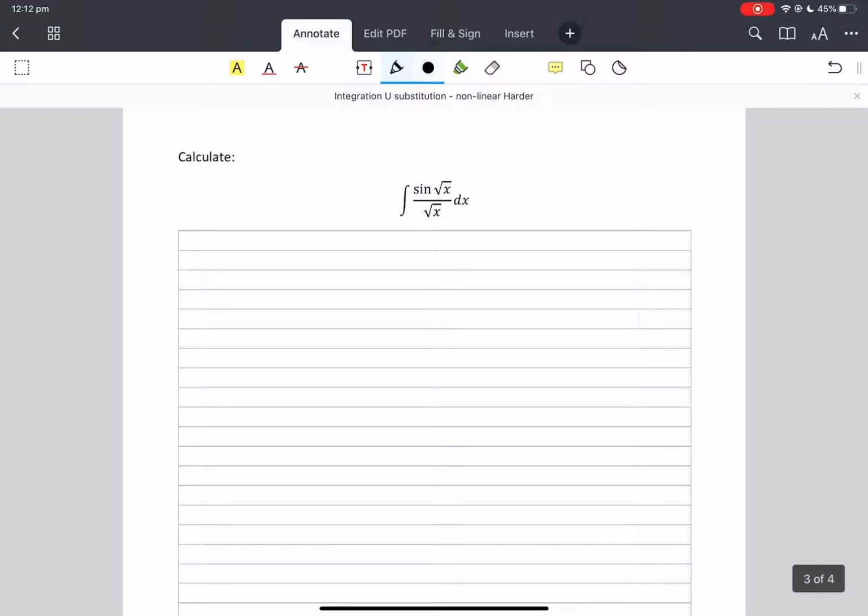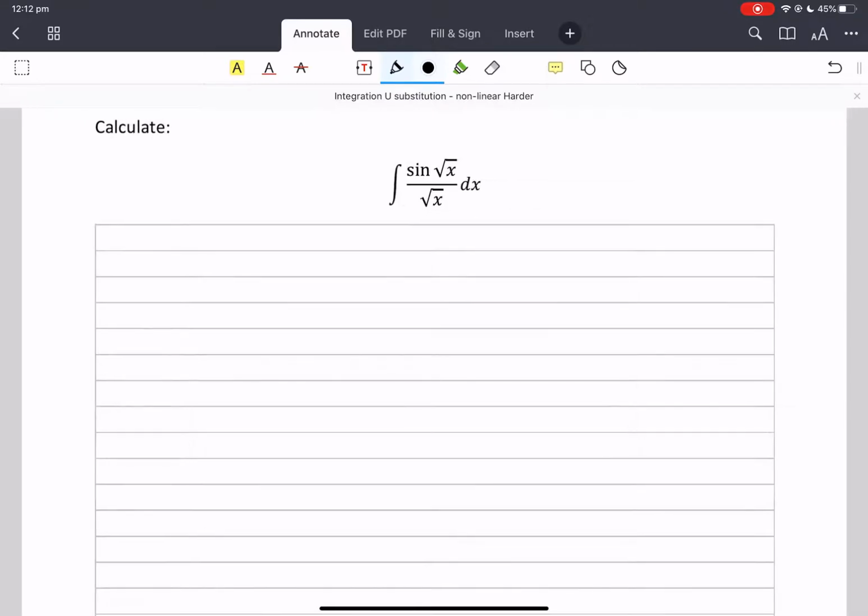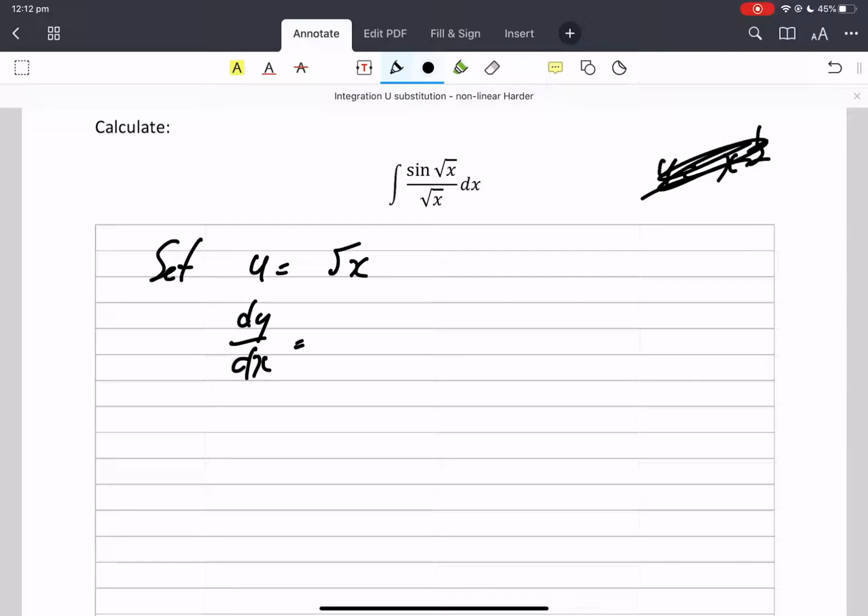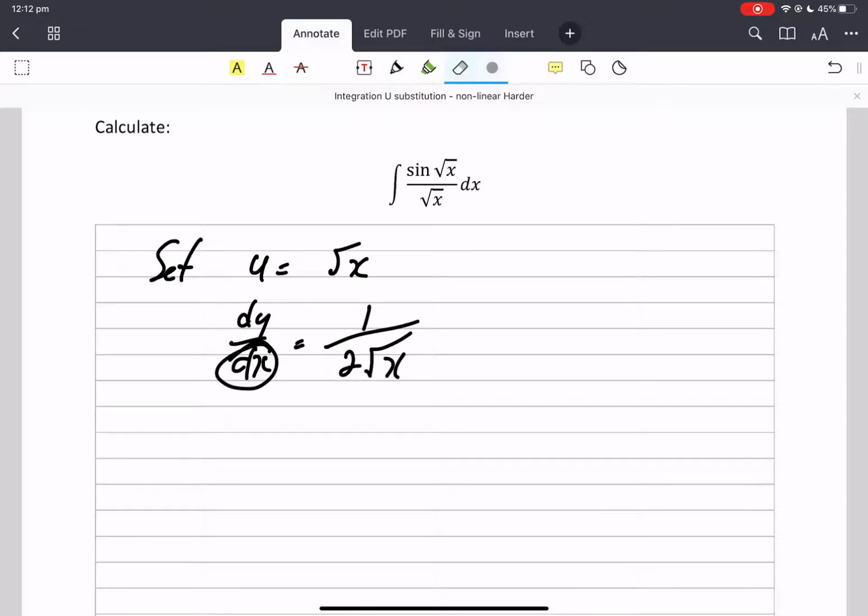This is another one that you just need to see, just through practice. Set u equal to root x. If you don't already see it, you're going to have to go u equals x to the half and follow your nose here. Chain rule and all of that. But the derivative is, hopefully you know that by now, and we're going to get that dx to the other side.